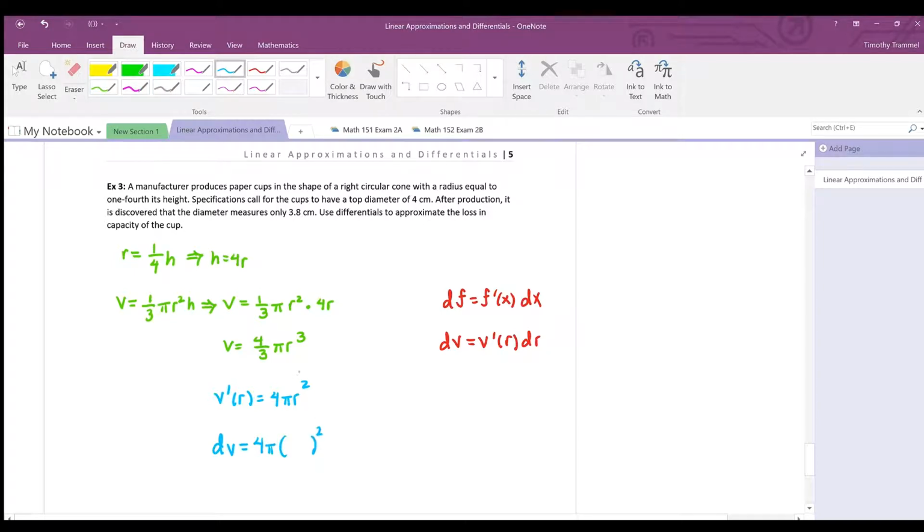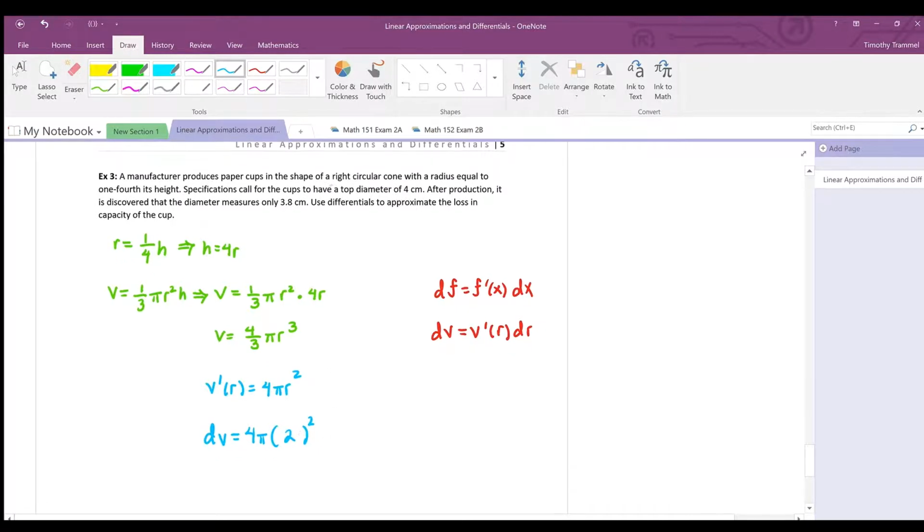Well, the question is, what is r? Well, it's this 4 centimeters here. But that was for actually our diameter, not our radius. So actually our radius there would have been 2, wouldn't it have been?